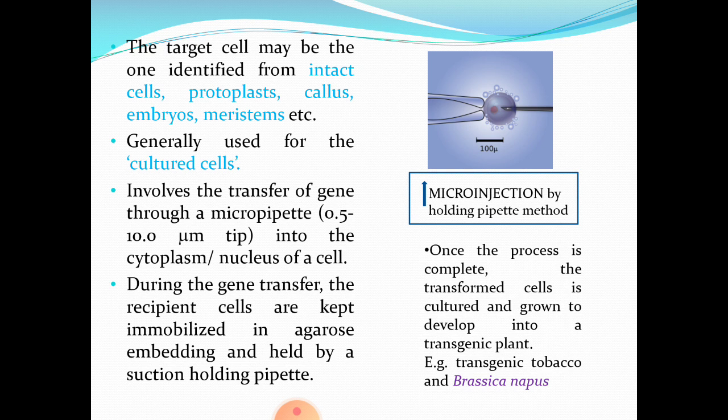Okay, these cells are cultured and grown into a transgenic plant. This technique has success stories. The transgenic tobacco, then Brassica napus, transgenic Brassica napus, have been produced by this microinjection method. Okay.